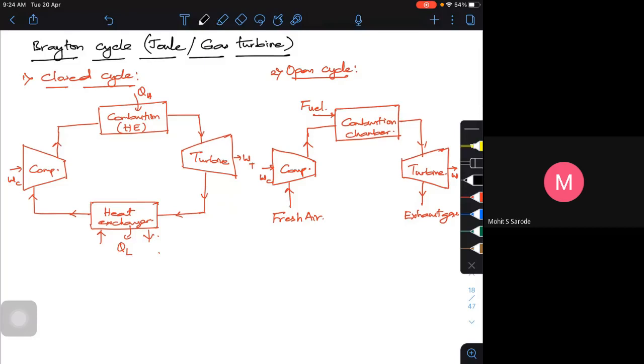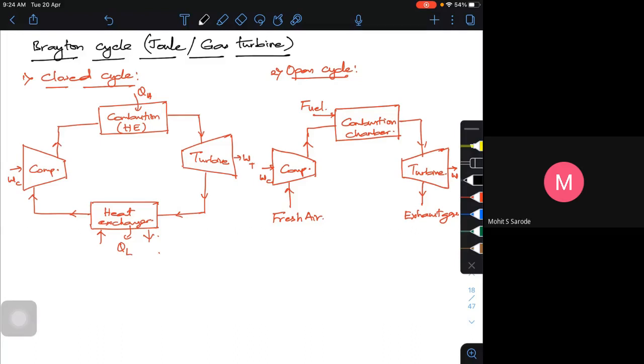Preferably, most of the gas turbines we see are open cycle, which is a little bit inexpensive compared to the closed cycle. Closed cycle gas turbines are used, but very rarely, because the internal working fluid has to be ensured to be completely leak proof.